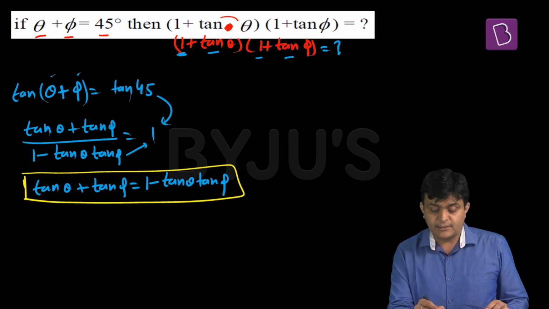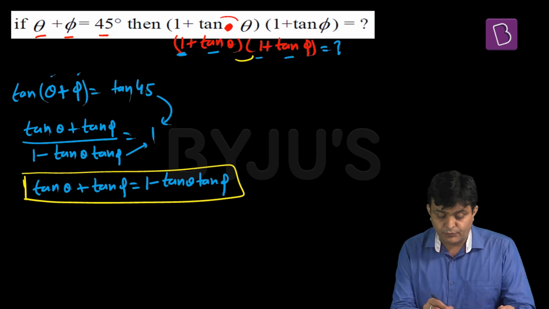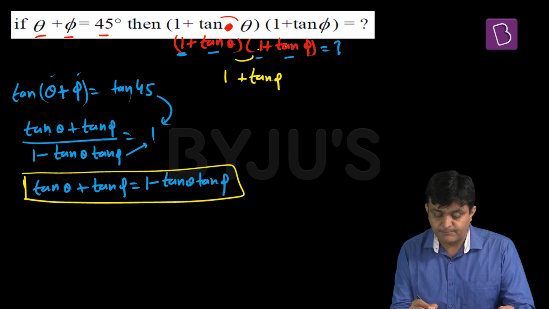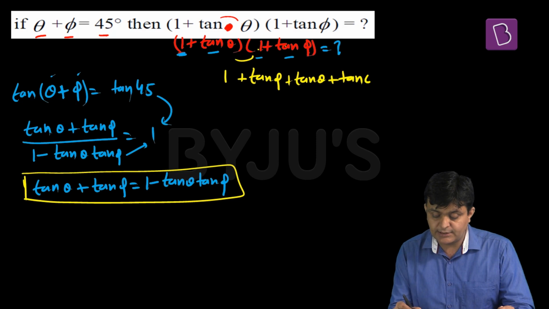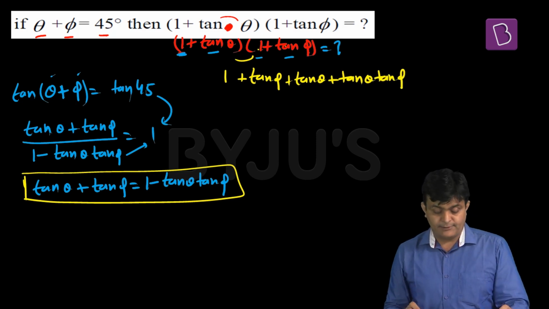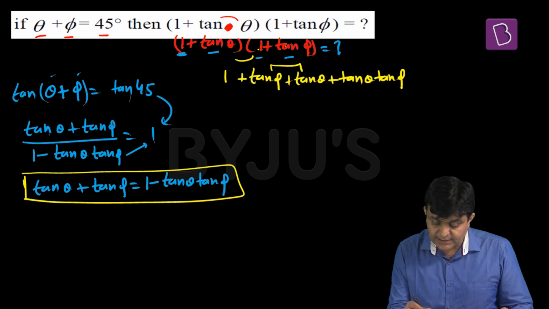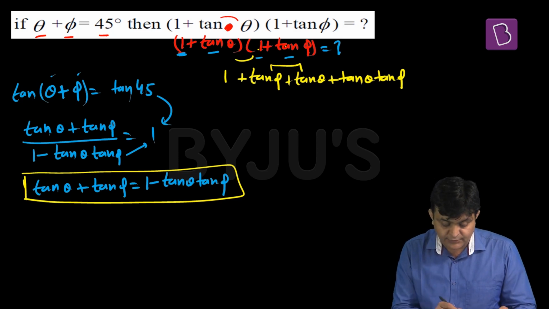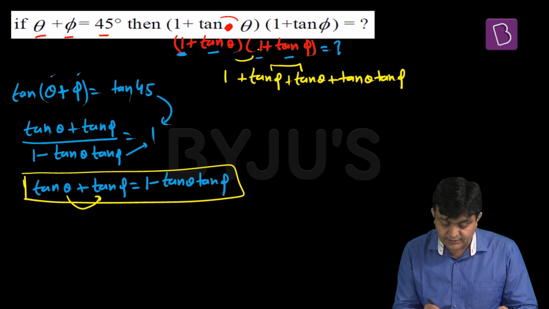But we have to find this. So multiply 1 into 1, 1 plus 1 into tan phi, it is tan phi. Done. Tan theta into 1 plus tan theta plus tan theta into tan phi is tan theta into tan phi. But see this, it is tan phi plus tan theta and we have tan theta plus tan phi as the value.